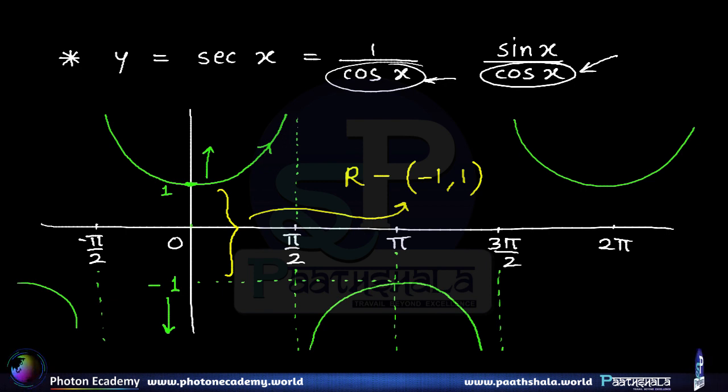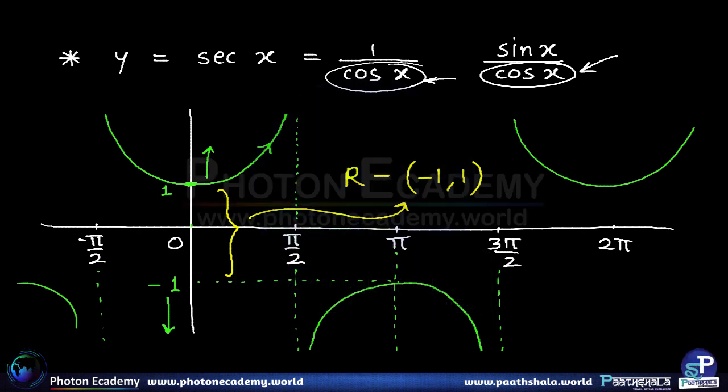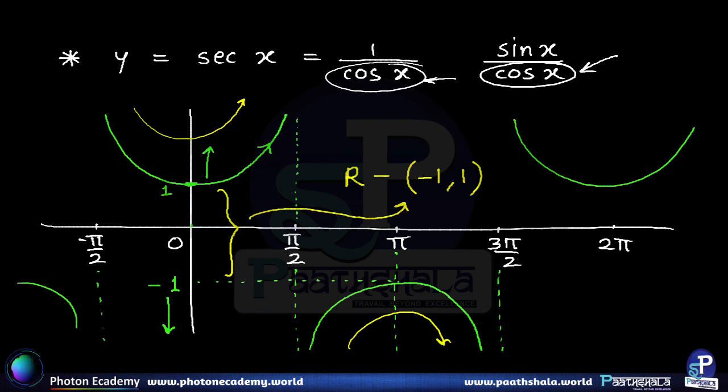Now if you consider the period from the graph, it is clear that the period is 2 pi, right? Because one lobe is present in positive direction and another is present in negative. So together they constitute one smallest piece of the graph which repeats itself. So therefore the period is 2 pi.